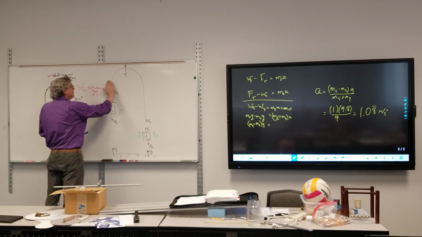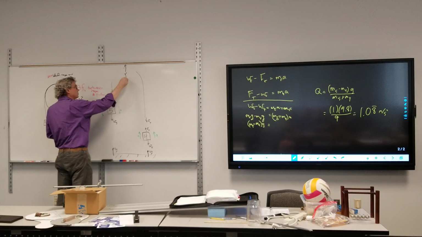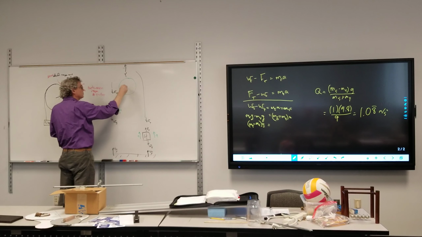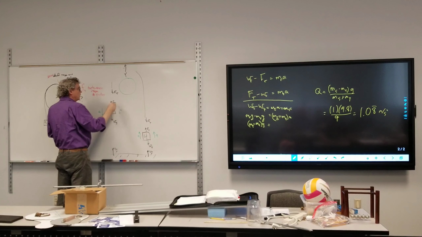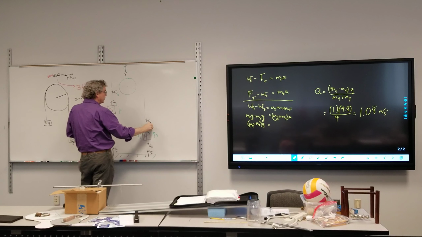So we now have to bring the pulley into it. So this is FT5, FT4.